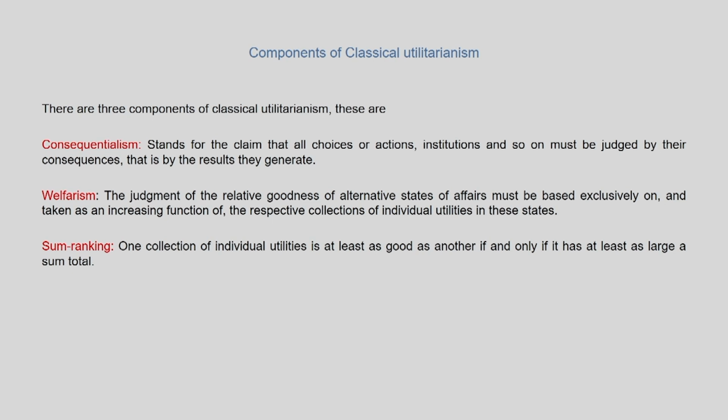So, what is this component saying? It is saying that all actions or choices made by individuals must finally be valued in terms of the consequences of their actions. Let us take an example. In the last class, I had taken the example of reservation as a policy.